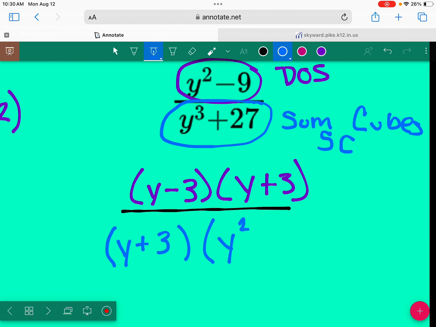Then we have our opposite sign, so we get our minus. Front times the back, so y times 3, 3y. And then our last one is always positive, so we put plus. Like how we started with y squared, we end with our back term squared, so 3 squared, which is 9.